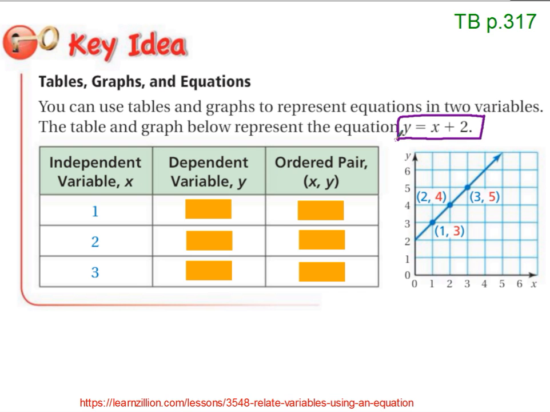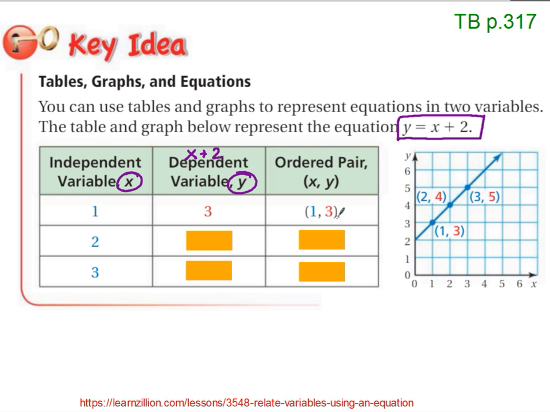So whatever our variable is, and here's our x, remember that to get the y, we have to take the x and add 2 to it. So for example, if our independent variable of x is 1, we have to add 2 to it, so that means y is going to equal 3. So my ordered pair is 1, 3.